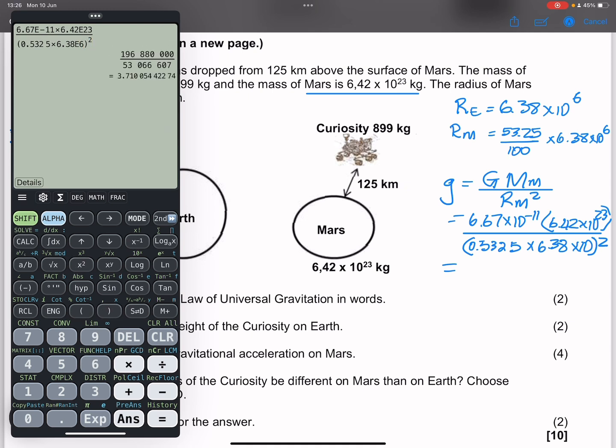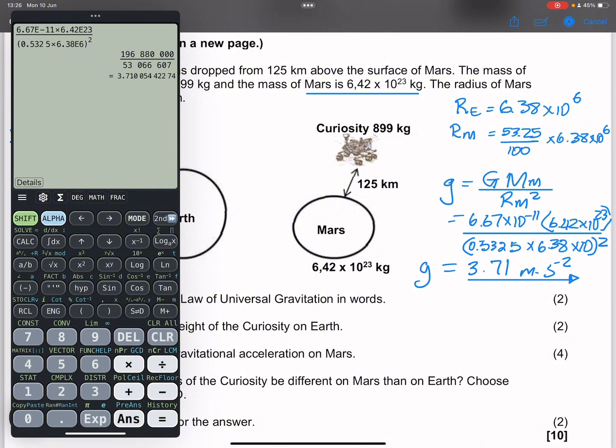So I get a value there, 3.71. So the gravitational acceleration on Mars would be 3.71 meters per second squared. All right, so there we go.